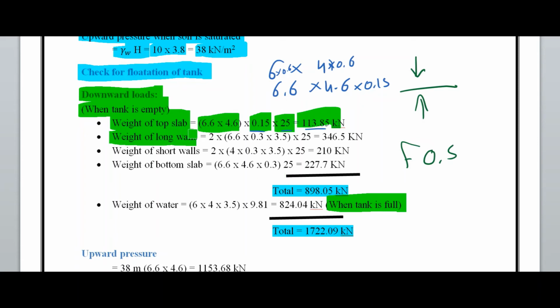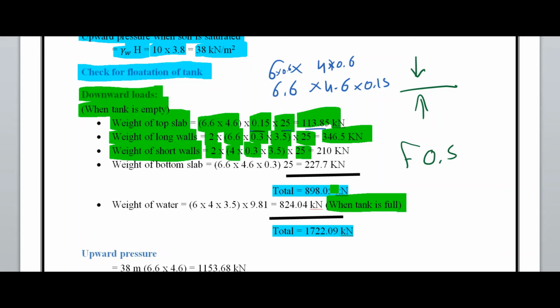Then weight of long walls: two long walls, 6.6 meter length, 0.3 meter thickness, 3.5 meter height, 25 density, so 346.5 kilonewton. Weight of short walls: 4 meter length, 0.3 meter thickness, 3.5 meter height, 25 density, so 210. Weight of bottom slab: 6.6, 4.6, 0.3 thickness, 25, 227 kilonewton.